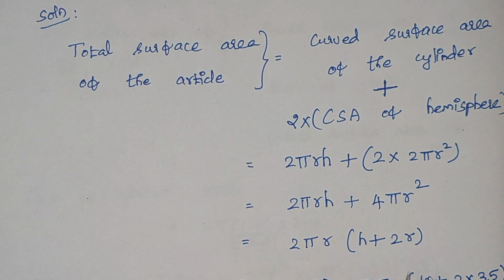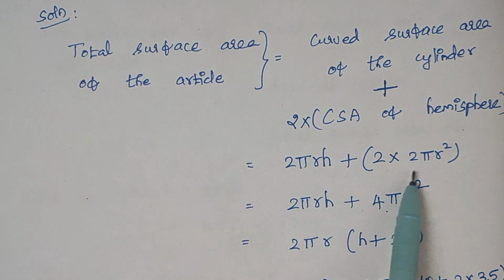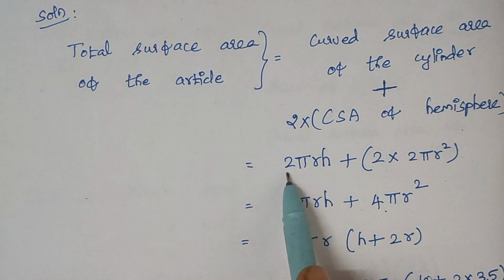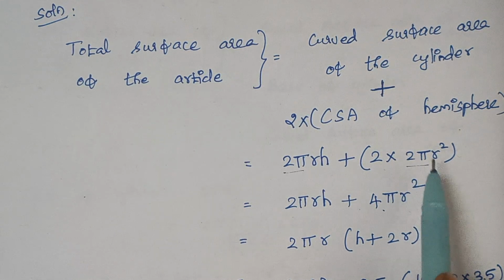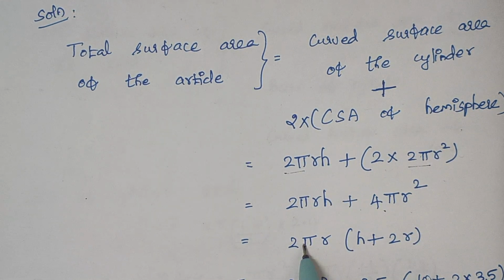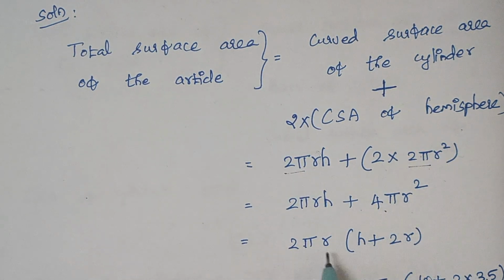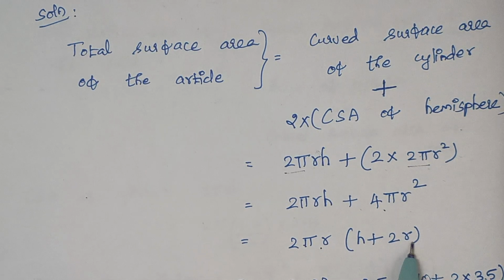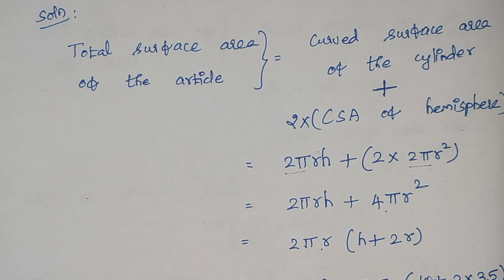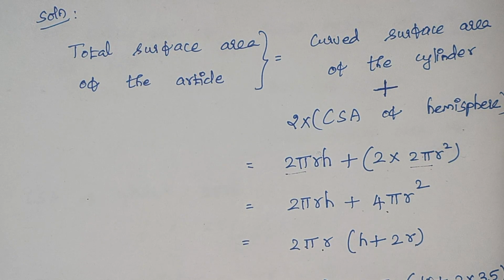When you look at these two terms, you have 2 pi here and 2 pi here, so take 2 pi outside. Apart from that, here I am having an r and here r square, so I am taking r outside. So the remaining parameters are h plus 2r. Now just substitute the values, that's it.